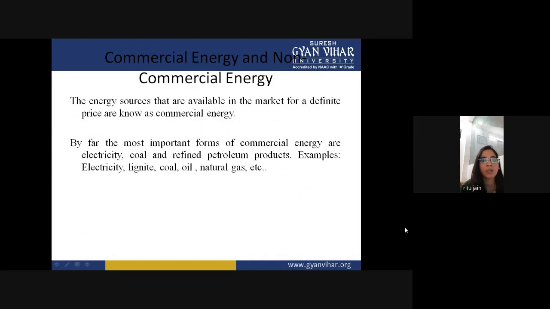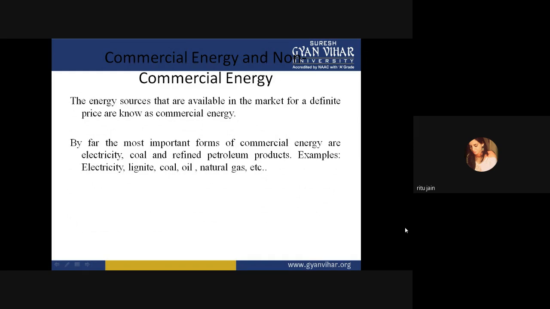It may be coal, it may be oil, or it may be uranium. So the cost of generating electricity comes under commercial energy. There are two types of cost for a power plant: one is the capital cost and another is the operating cost.